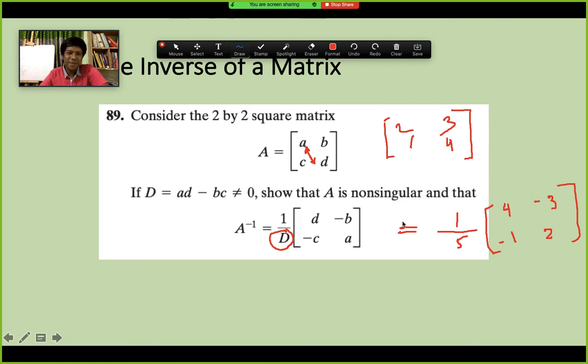You see, this method is so easy when you have a formula. But unfortunately for a 3 into 3 matrix you do not have a formula like this. There is no straightforward, simple formula for a 3 into 3 matrix, and of course if you go for a 4 into 4 matrix, then it becomes wildly crazy.